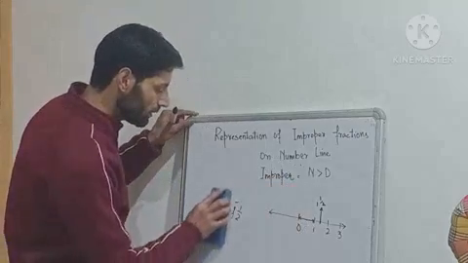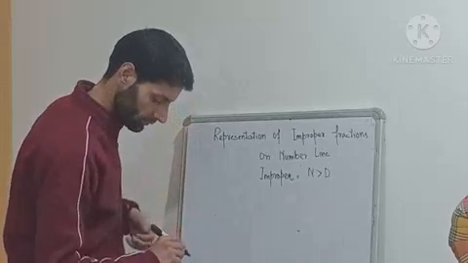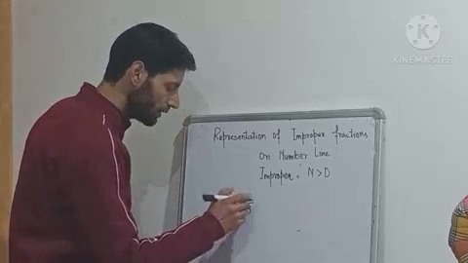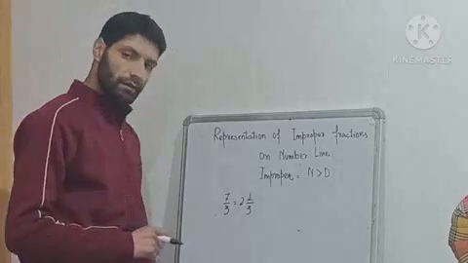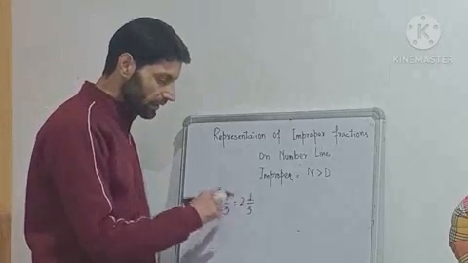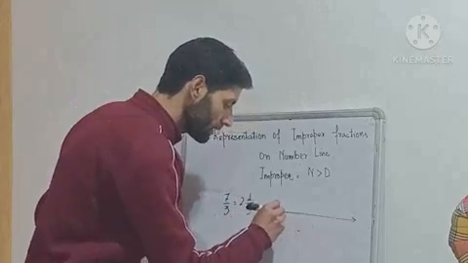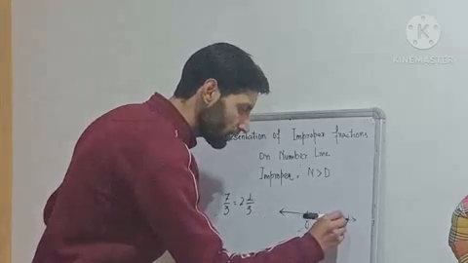Now if we have to represent 7/3, which is equal to 2 1/3. To represent 7/3 on number line, we will draw a line, represent different points on it.